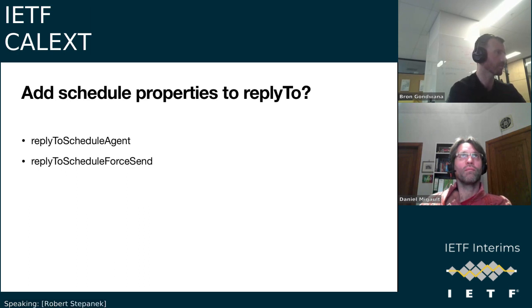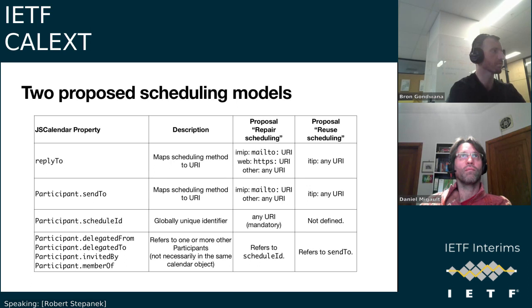Okay. And I think that's actually the only thing that needs to be done in the JS Calendar BIS for. Oh, we also need an iTIP or whatever scheduling method that you can use in the sent to if it's not a mailto.